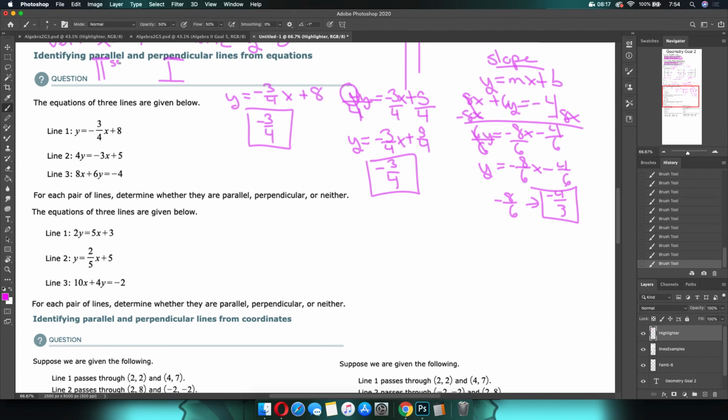Parallel means you have the same slope, exactly the same, a straight up copy and paste. For perpendicular, what we have is two fancy math words: opposite reciprocal. What that means is that everything is flipped. You flip your sign and you flip your fraction.